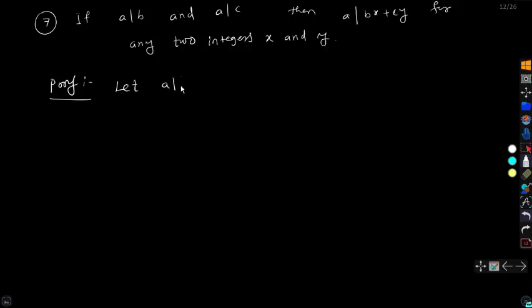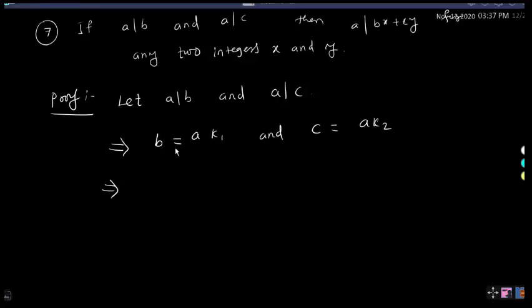Let A divides B and A divides C. This implies that A divides B means B is a multiple of A, so B is equal to AK1, and C is equal to AK2, for some K1, K2 belongs to Z.